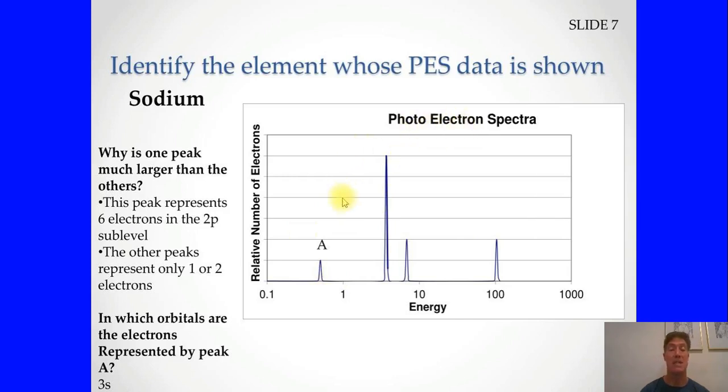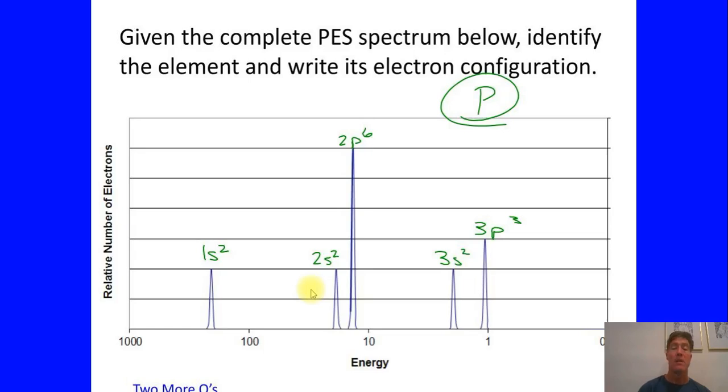Here is another PES spectrum, and this one, notice the energy is flipped, and this is often the way they're shown. They're often shown with the energy flipped because then that puts the core electrons on the left, and it's easier for us to read it kind of left to right. That's the way we tend to read things. So we'll read this as being, this is going to be the closest to the nucleus.